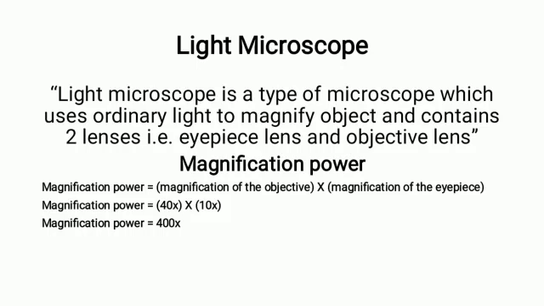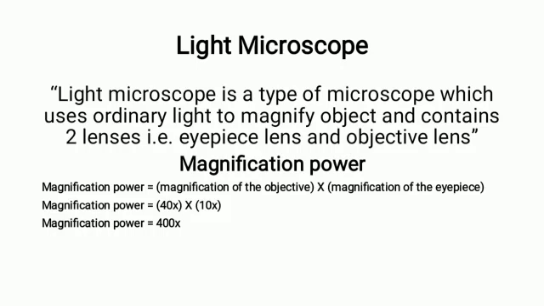Students, both of these powers are printed on these lenses, meaning the magnification power of the objective lens will be written on the objective lens and the magnification power of the eyepiece lens will be printed on the eyepiece lens. You just have to multiply both of these powers, so you will get the total magnification power of a microscope. In this slide, an example is given.